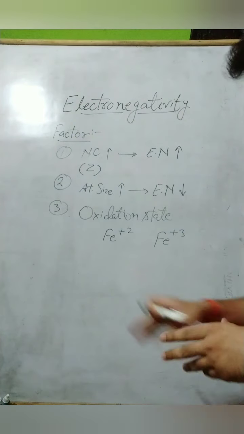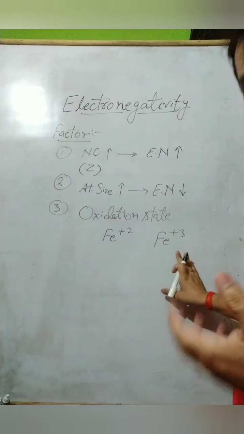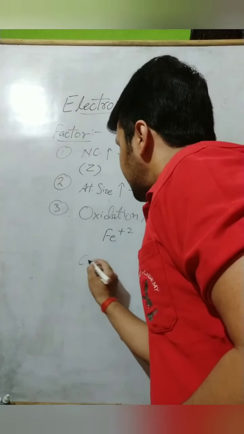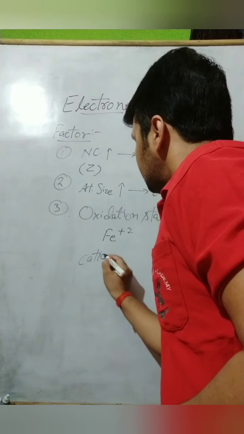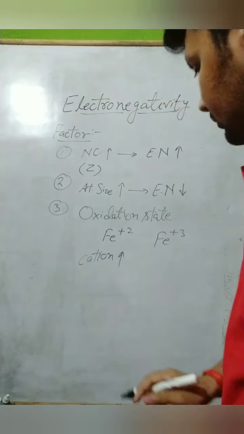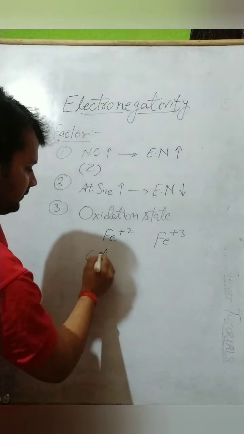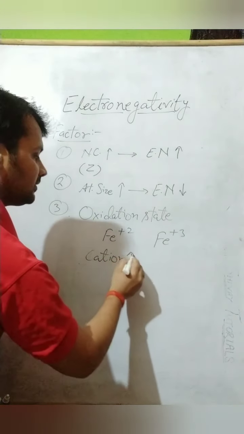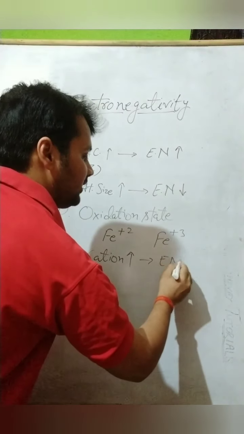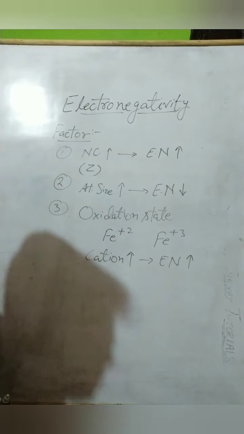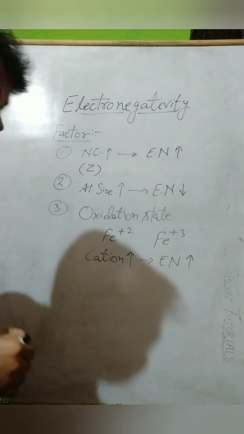So that means if the cation is increasing, positive charge is known as cation, right? If cation is increasing, then electronegativity will increase.